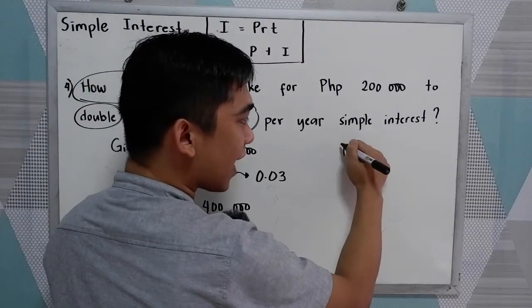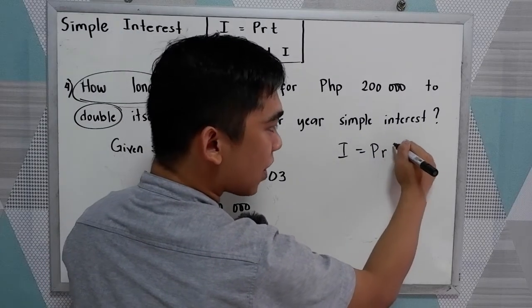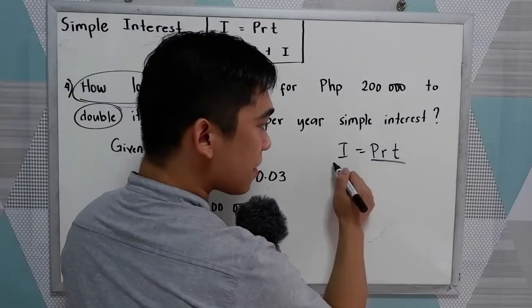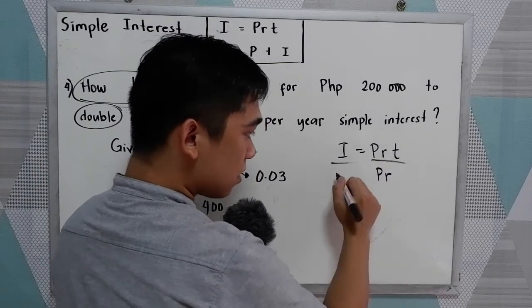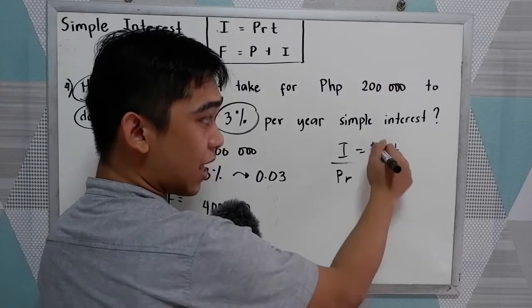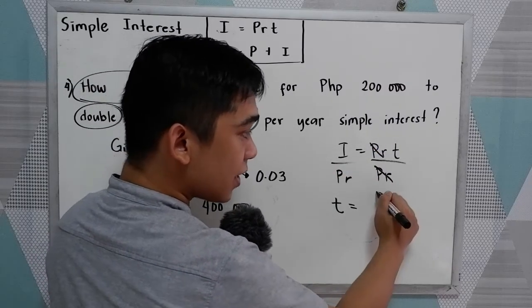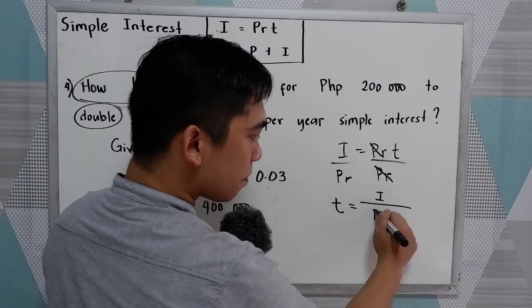We have the formula I is equal to PRT. To find the formula for time, we need to divide by PR. That will be cancelled out. Therefore, our time is equal to interest all over PR.